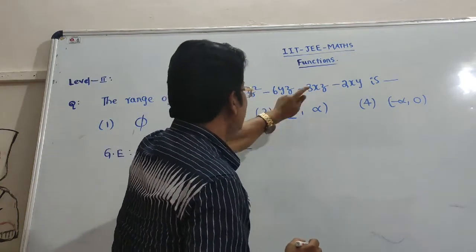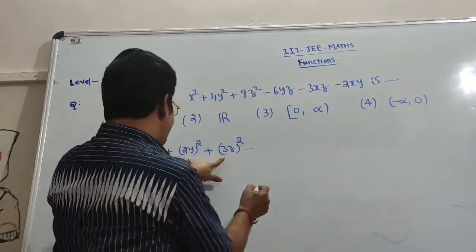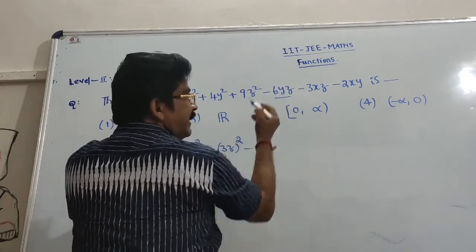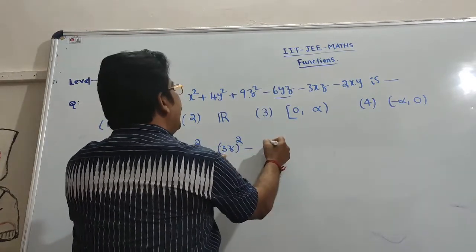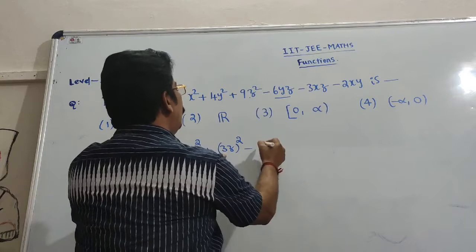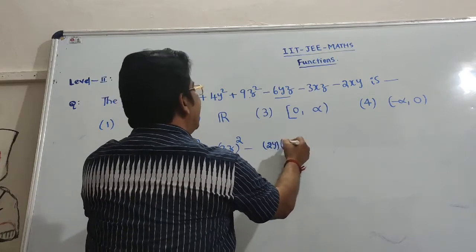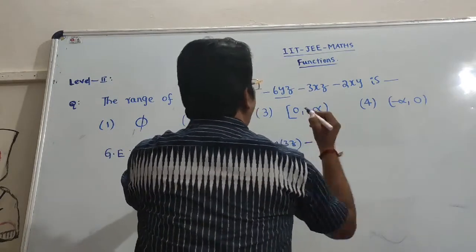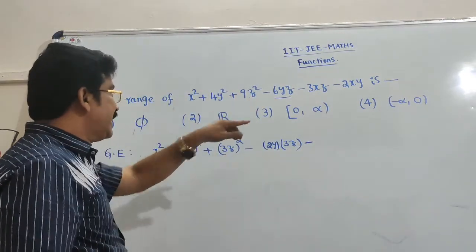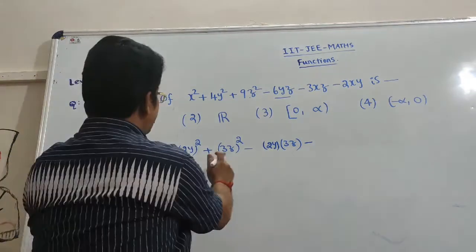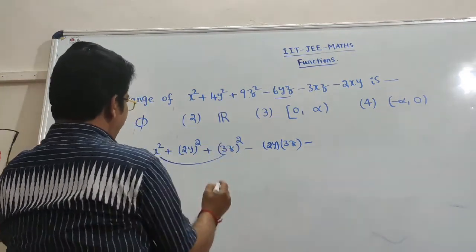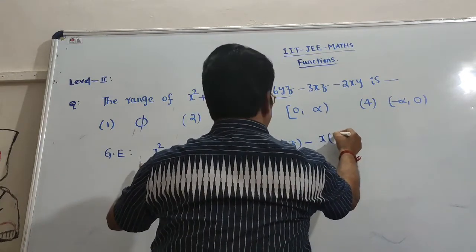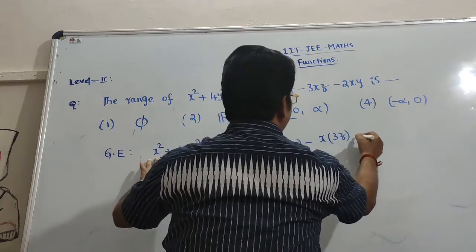Next, 6yz. 6yz can be written as 2y into 3z. Minus 3xz. 3xz means x into 3z.